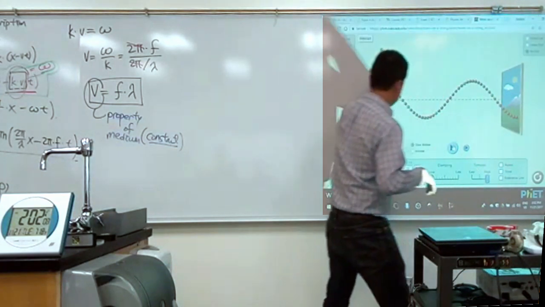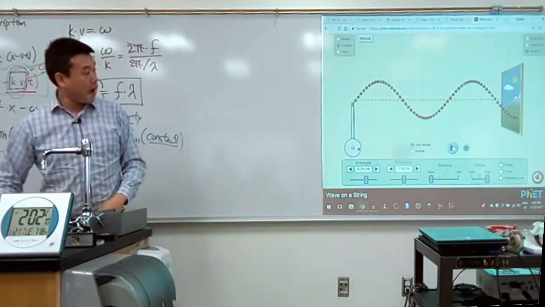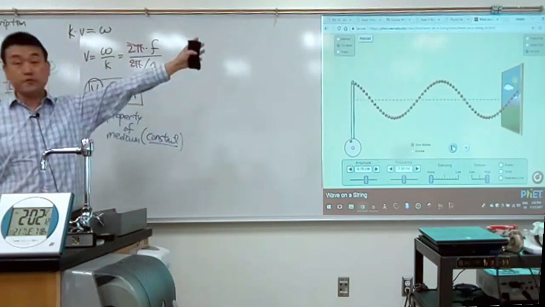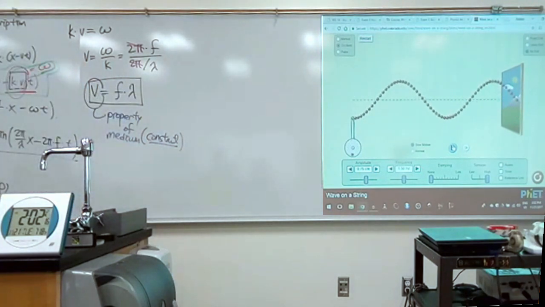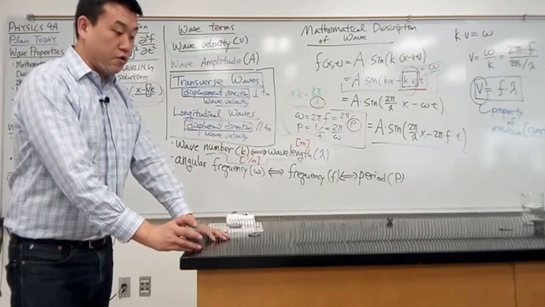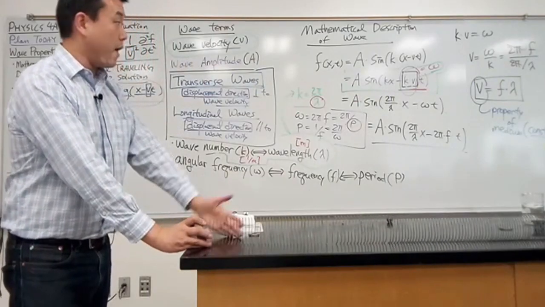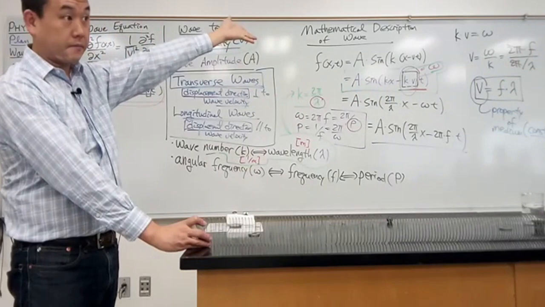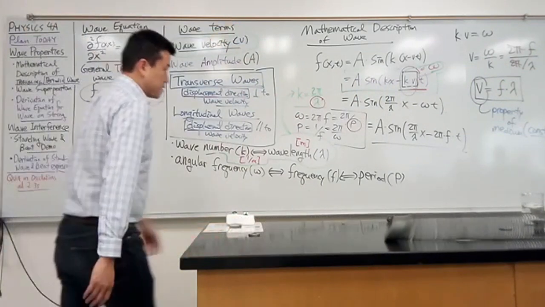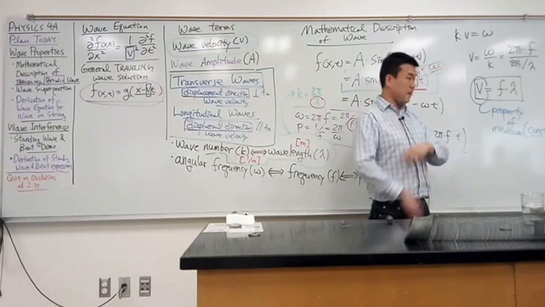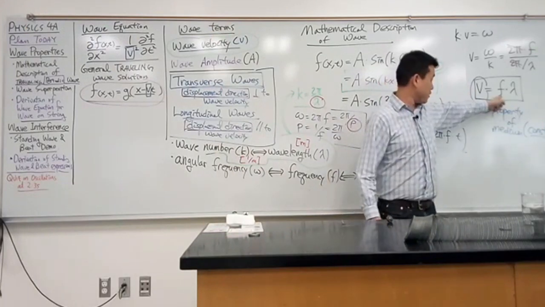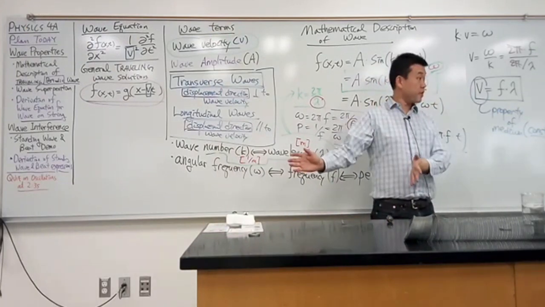You have seen how fast the wave moves across. And what you have seen with this illustration is that when you increase the frequency, the wave velocity V doesn't increase. But because this expression relates three variables together, if frequency changes, something must change.